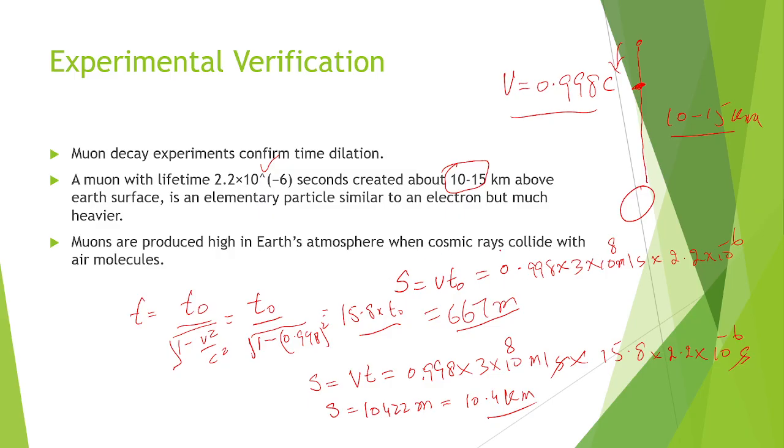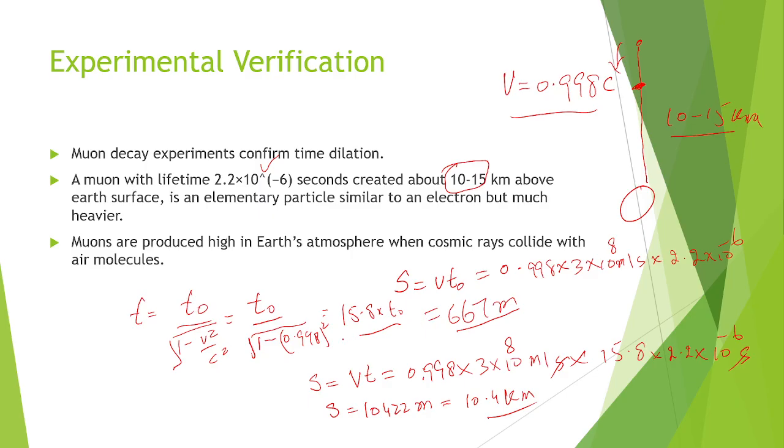On classical ground, it will never reach the ground, because classically it covers about 600 meter and then disappears. So it will never ever reach the surface of the earth. But we observe daily many muons on the surface of the earth. So how does it reach the surface of the earth? Because time dilates for it.